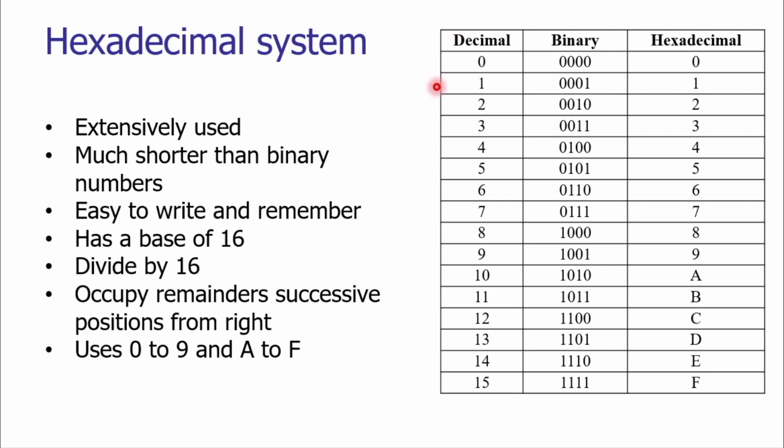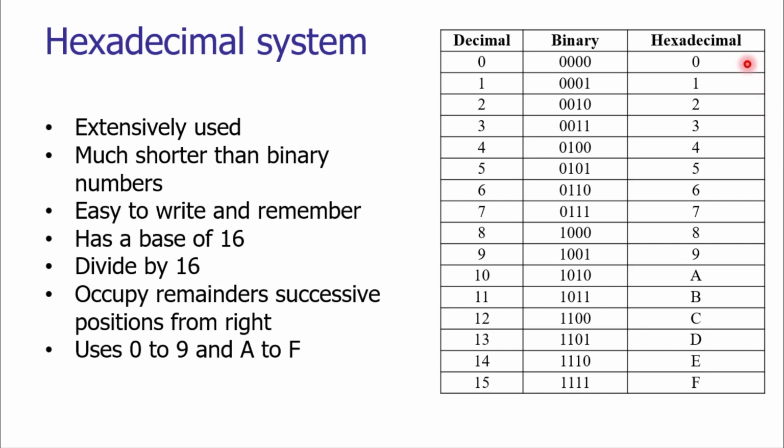On your screen you can see a table. The table has the decimal numbers from 0 to 15. Their equivalent binary representation is shown in the second column. 0 is represented as 0000. This is a 4-bit representation.